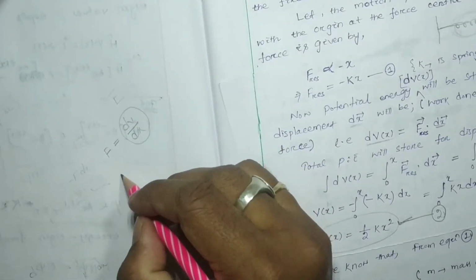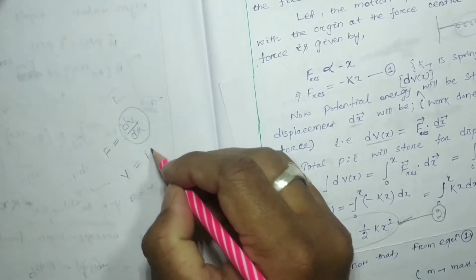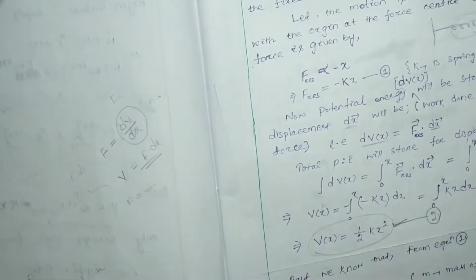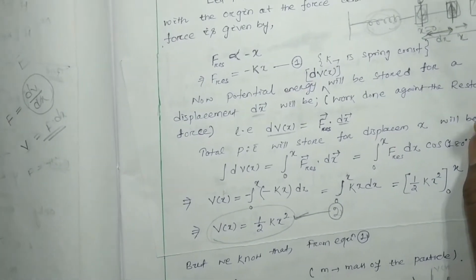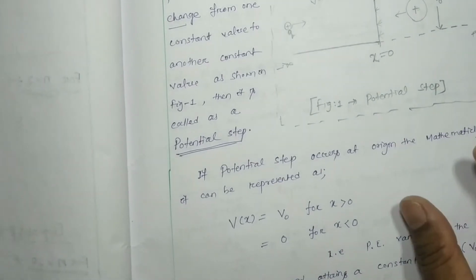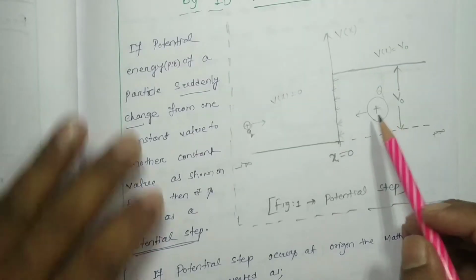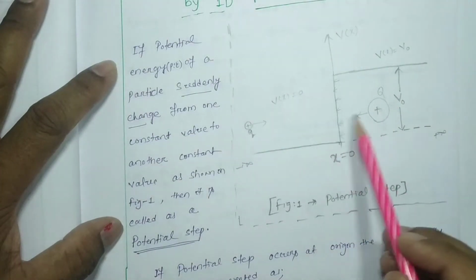So the potential will be in the form of force into displacement. If there is a force at that point, the potential will be developed. So here due to a large positive charge, a repulsive force exists.